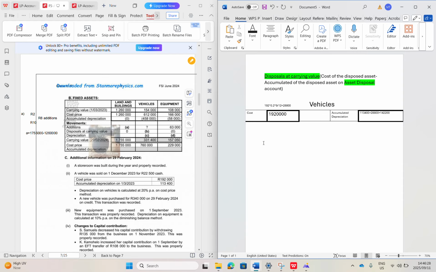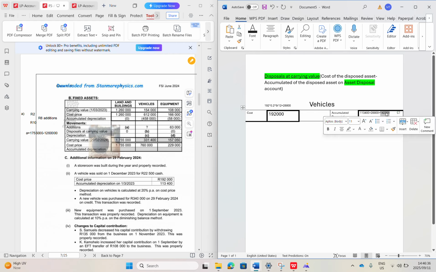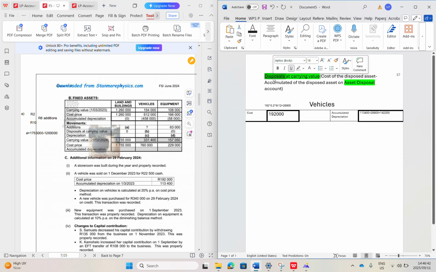If you want to calculate letter B, you take the cost, which is 192,000, minus 142,200. You will get letter B. Disposals at carrying value is the cost minus the accumulated depreciation up to the date of sale. So in this case, letter B is 192,000 minus 142,200. My calculator doesn't allow me, guys.